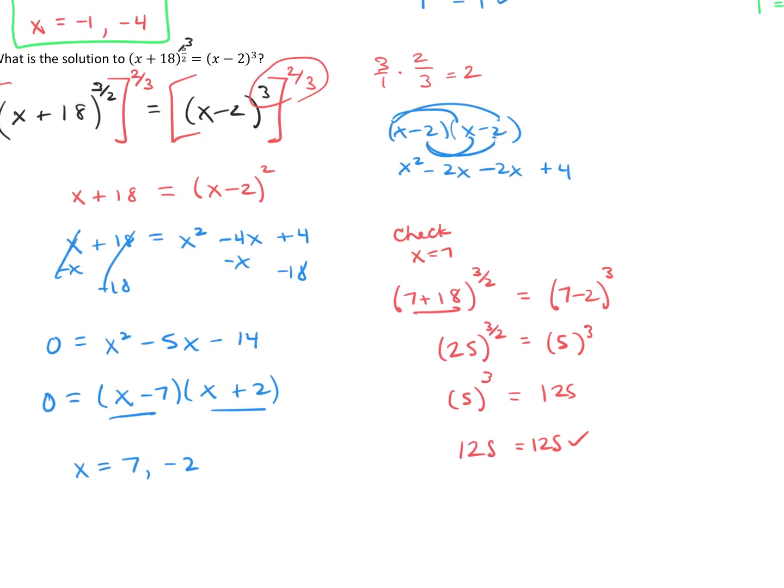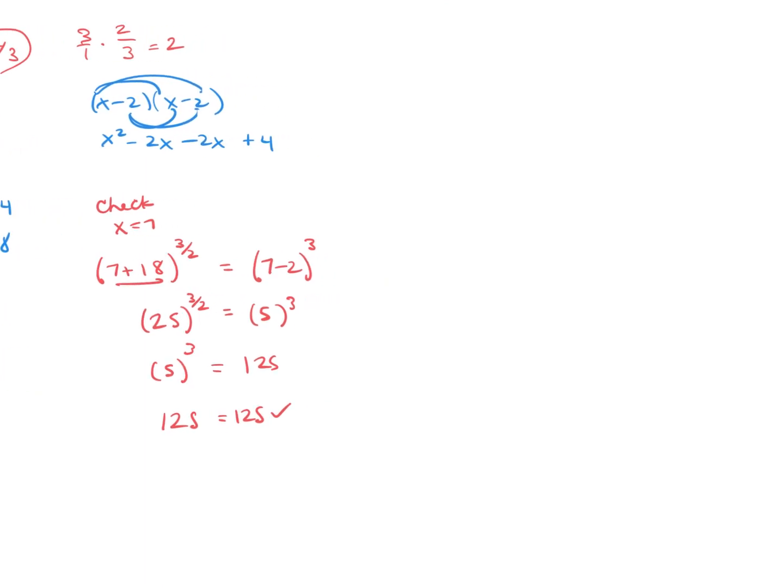So does x also equal a negative 2? Let's check our negative 2 and see what we get. The original equation, x plus 18, so negative 2 plus 18 raised to the 3/2 power. Does that equal negative 2 minus 2 to the 3rd power?